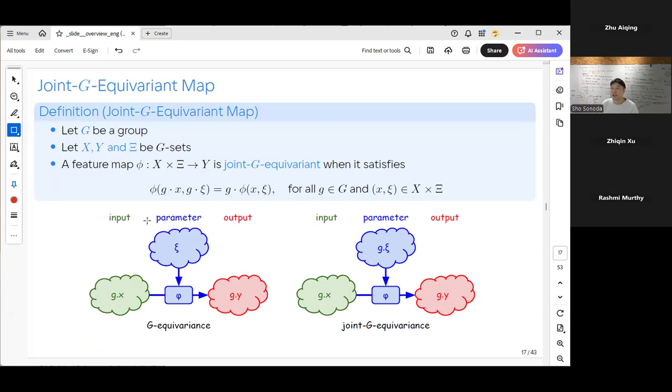This is a very general feature map. Let G be a group, and let X, Y, and Z be G-sets. G-sets means that those are just sets, and on those sets, group G acts.